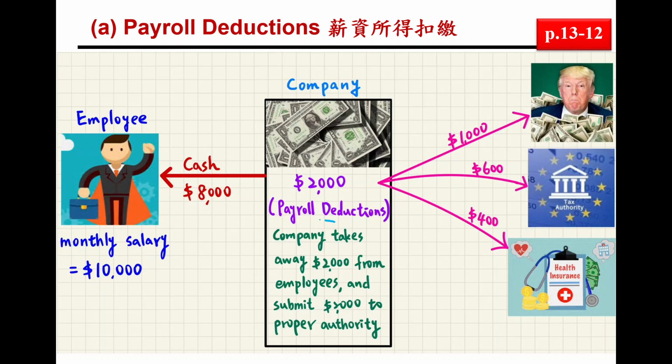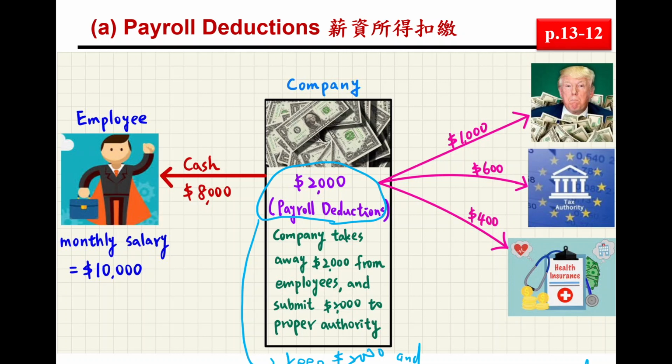So your company keeps the $2,000 and will pay it for you to different units. So we talk about the $2,000 being your company's liabilities. So, to which different units?